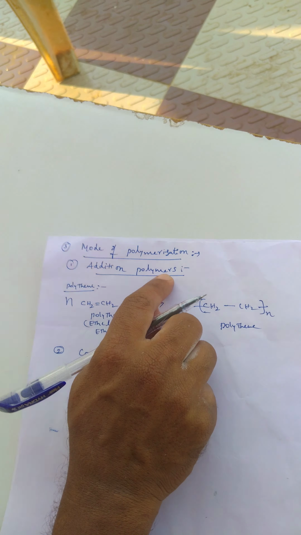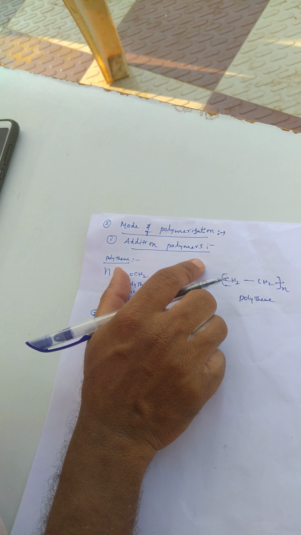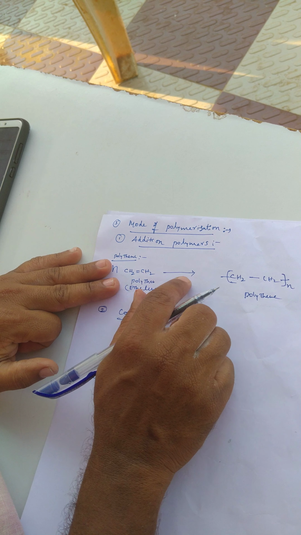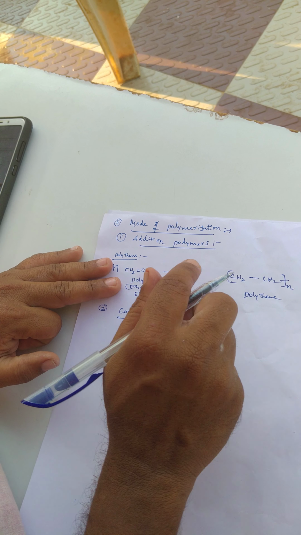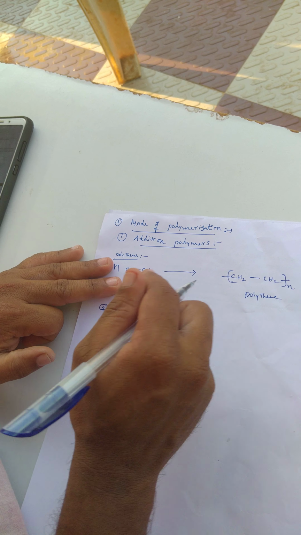What I mean to say is, in addition polymers, there is repeated addition of monomer molecules possessing double bonds or triple bonds. See here, the monomer ethylene possesses a double bond. Repeated addition means ethylene plus ethylene plus ethylene plus ethylene, then we will get polythene.